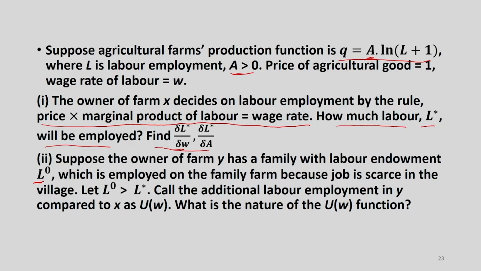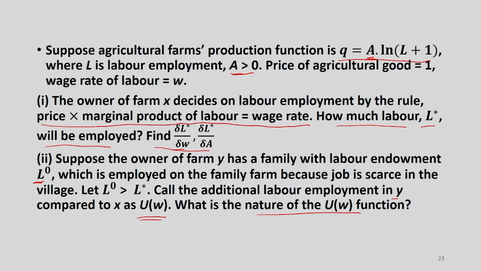Call the additional labor employment in Y compared to X as U, and U is a function of small w, as we shall see. What we need to answer is what is the nature of the U(w) function. So, this is the second part. We have to find out the nature of this U function.